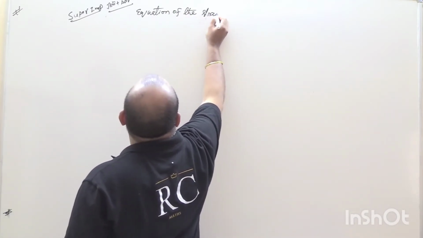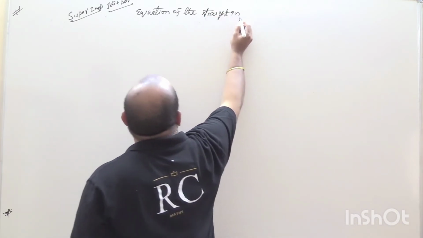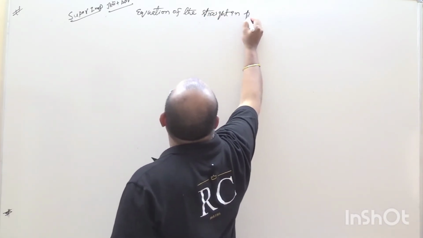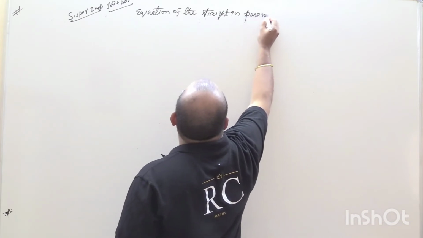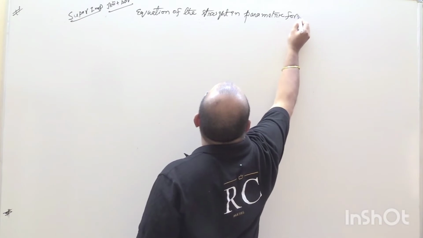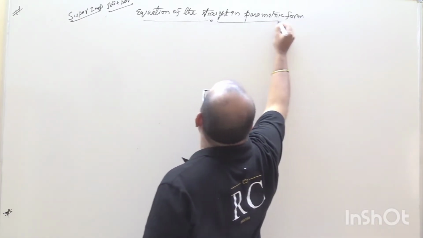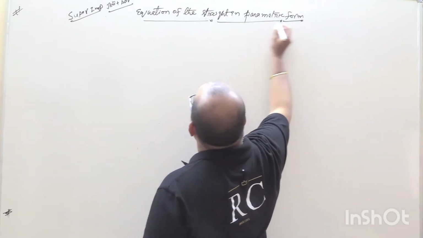Straight line in parametric form. Okay, students? What is the use of this line, sir?